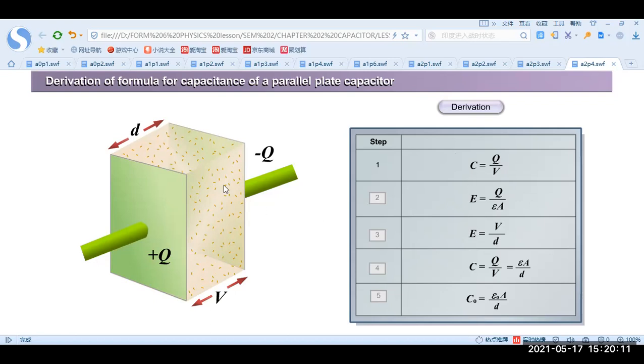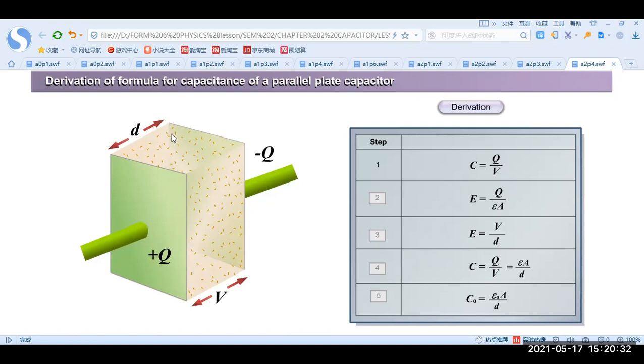If we add a medium in between the positive plate and the negative plate, the new capacitance is equal to epsilon A over D.